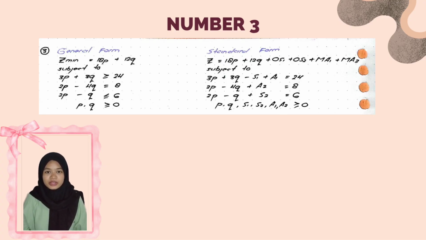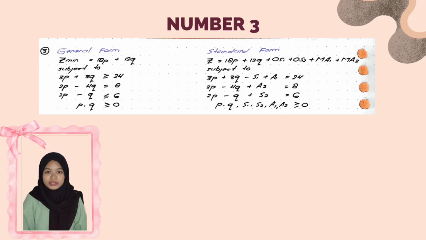For the second constraint, since it is an equality, I just add an artificial variable A2, so it becomes 2p minus 4q plus A2 equals 8. For the third constraint, it is less than or equal to, so I only add a slack variable, which is plus S3. The third constraint becomes 2p minus q plus S3 equals 6.